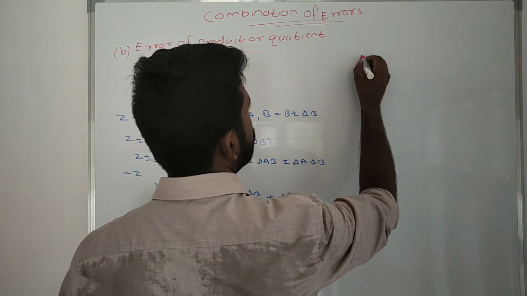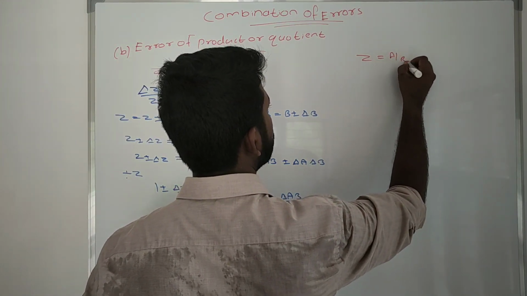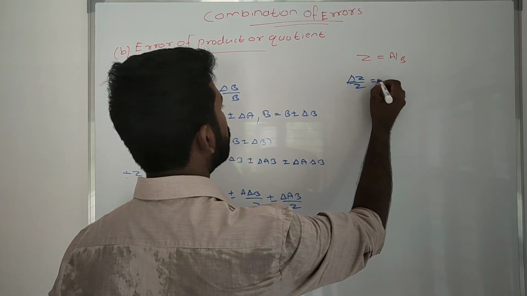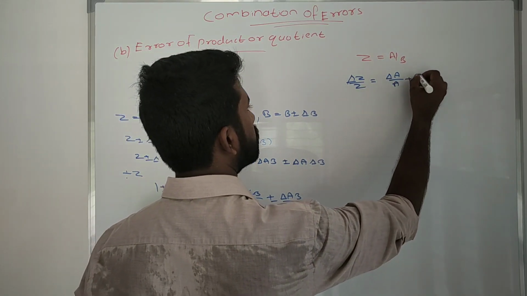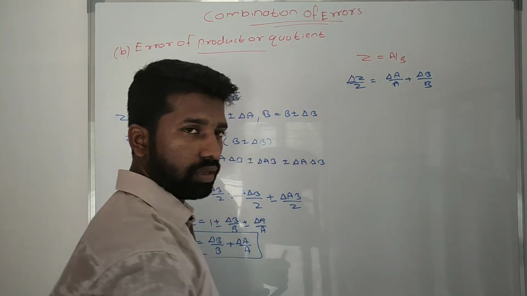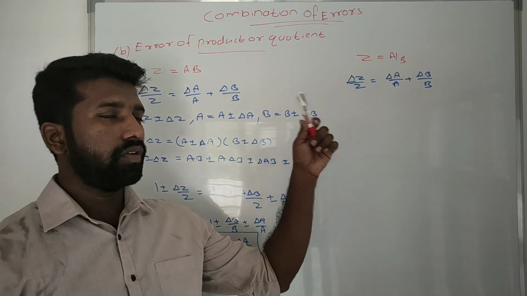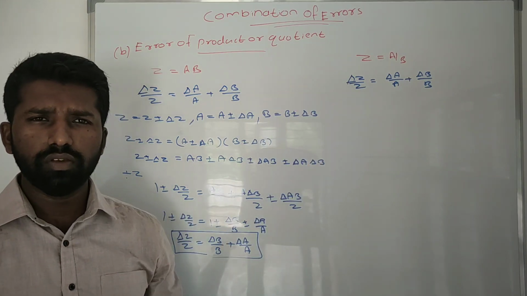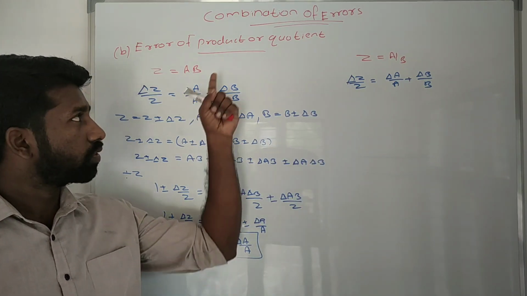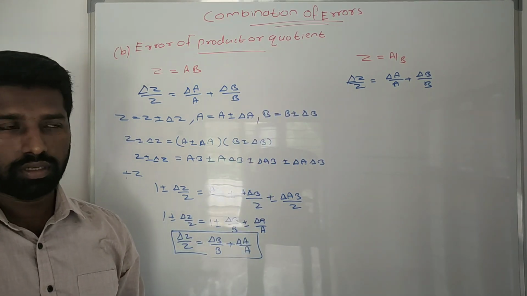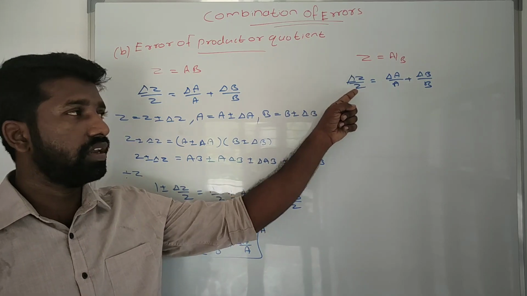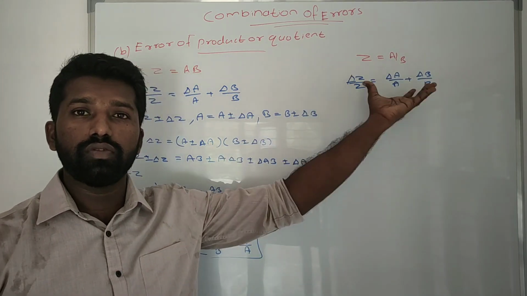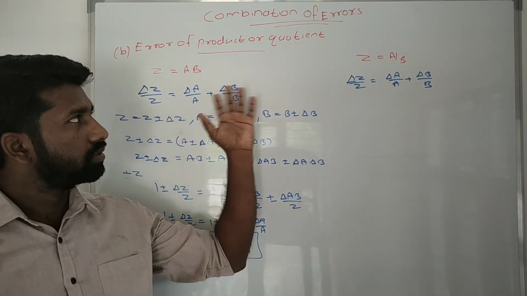Then next, if Z is equal to A by B, then delta Z by Z is equal to delta A by A plus delta B by B. From this we can conclude: if a quantity is the product or quotient of two other quantities, the relative error in the resultant is the sum of the relative errors of the two multipliers. Clear?